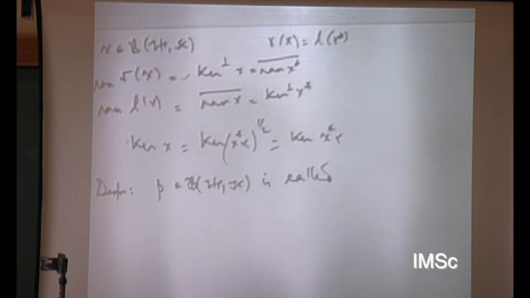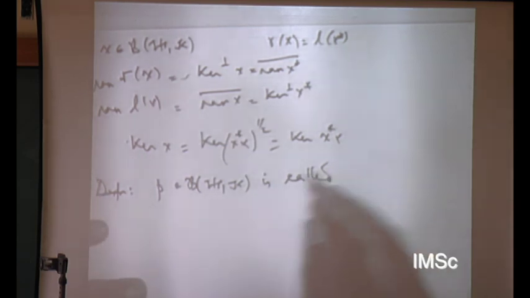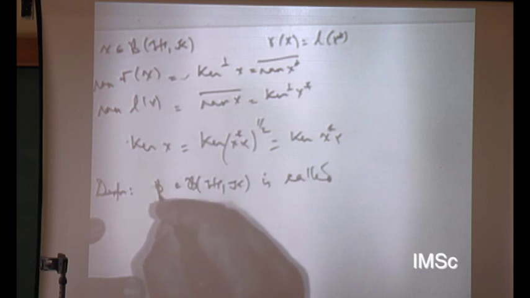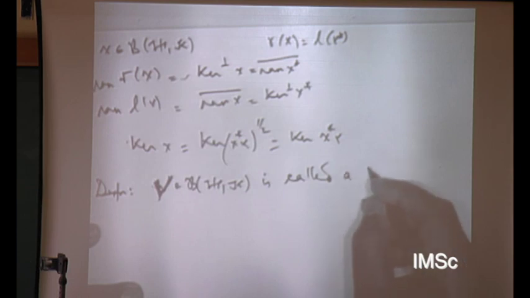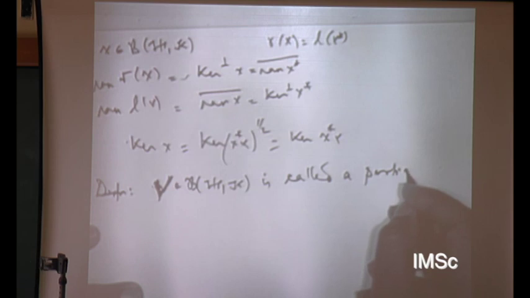We've discussed this long ago. So to say that an operator is an isometry means that A star A is identity, right? Okay, so not P, let me call it V, not P. An operator V is called a partial isometry.